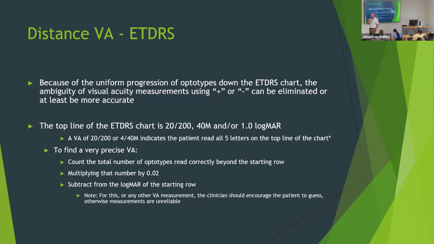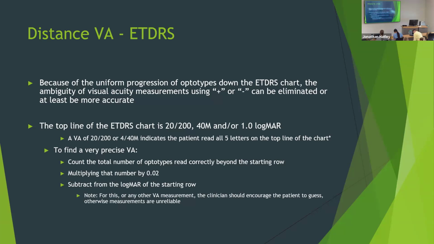From a logMAR progression standpoint, that's much different. It's not 0.1. It's not that uniform progression down the chart. So we can't say each letter is worth the same value, because they're not. Obviously the letters are getting smaller, but the progression in decreasing letter size is not the same as you work your way down the chart. Therefore, different letters are worth different amounts. So we can't do the kind of math that we're fixing to do on a Snellen chart.